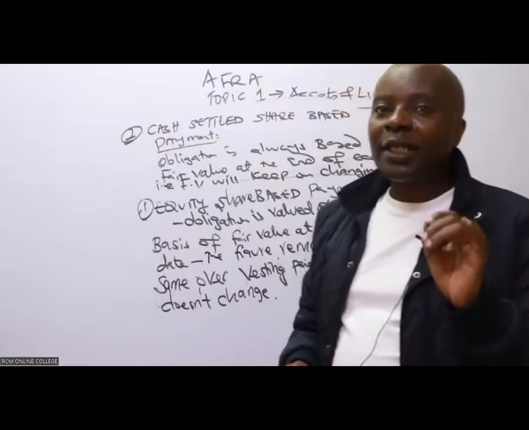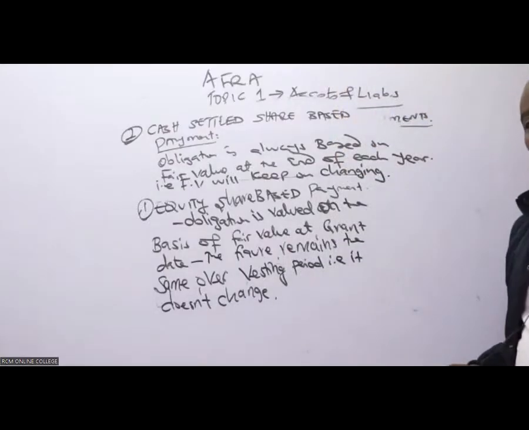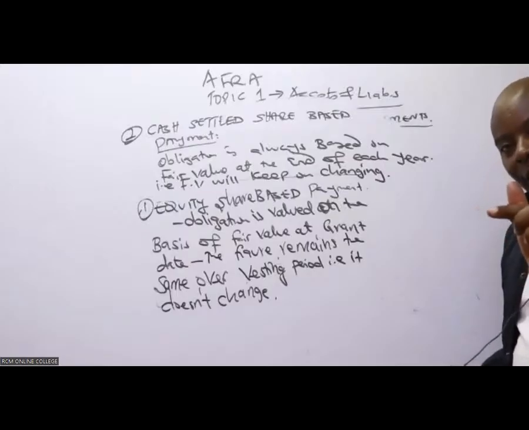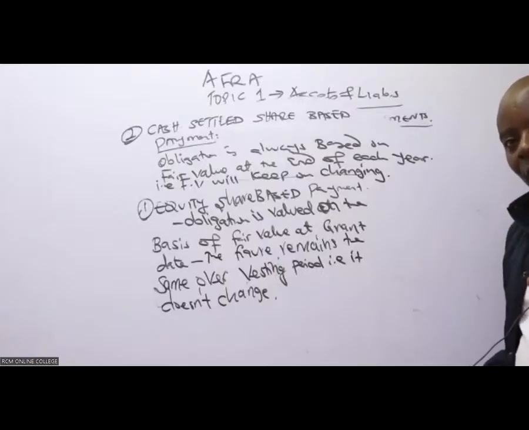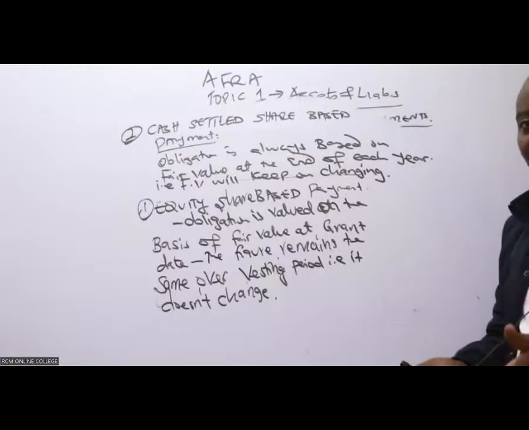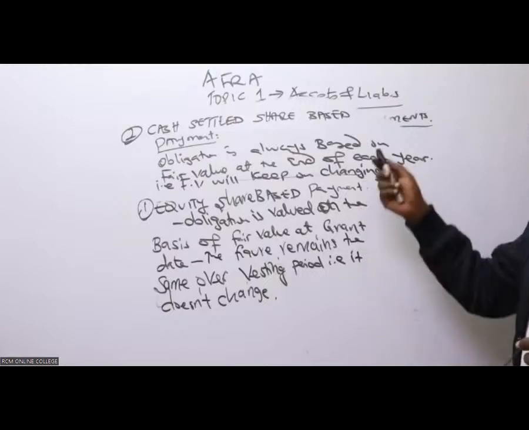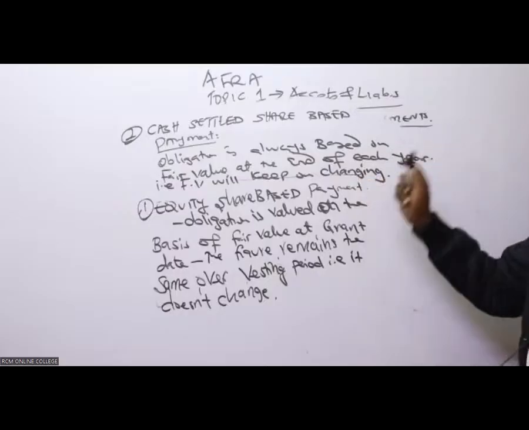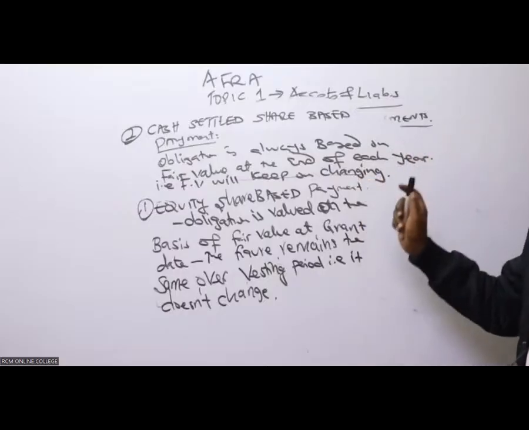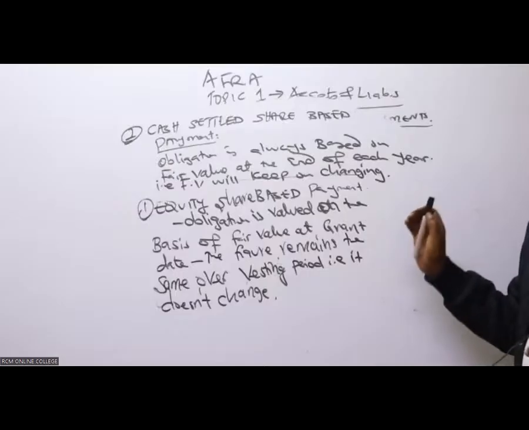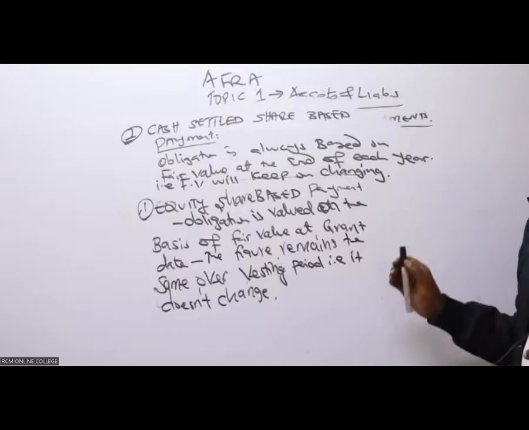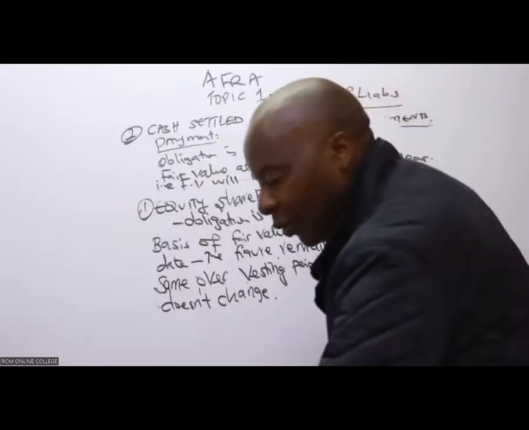But if it's cash settled, because of the appreciation concept, shares appreciating at the end of each year, we expect these guys to push the share price to increase at the end of each year. Then to motivate them, for purposes of valuing our obligation towards them, we shall be using the fair value of those shares at the end of each year. And of course, we expect that fair value to keep on changing.